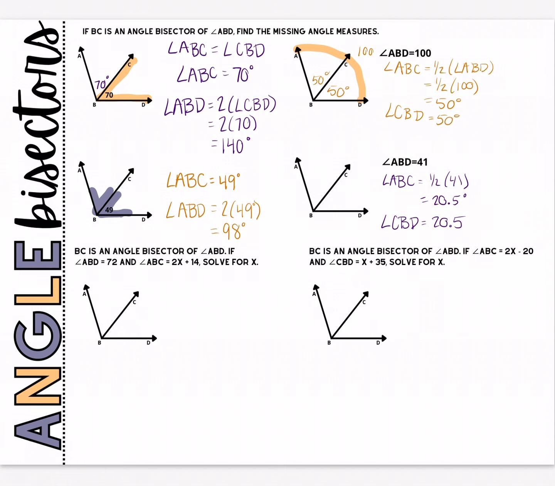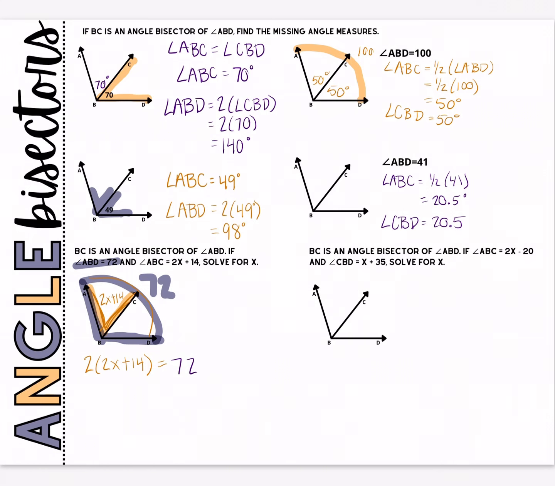BC is an angle bisector of angle ABD. If ABD is 72, so the whole angle is 72, and angle ABC is 2x plus 14, solve for x. We know that 2 of the half angle is the whole thing, so 2 times 2x plus 14 is equal to 72.